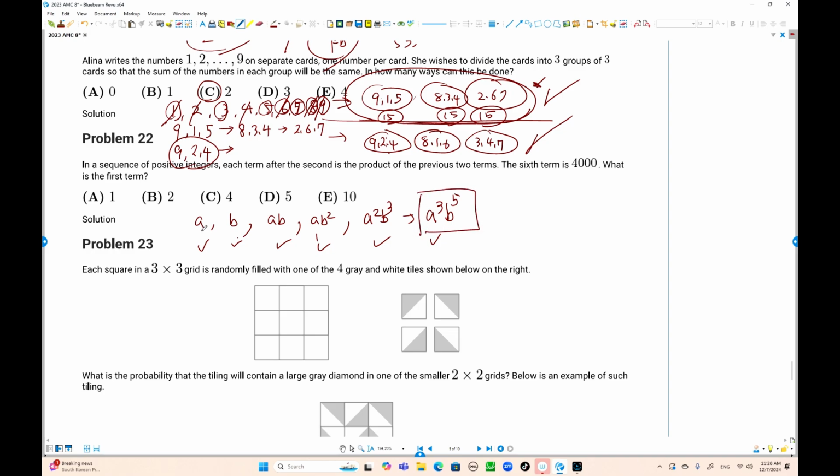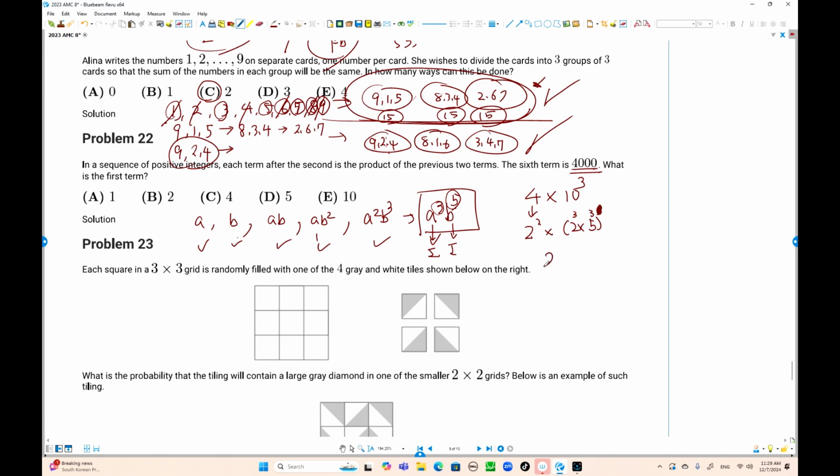But we know that A is an integer and B is an integer, right? So we're going to factorize this. We need these two expressions, 3 and 5. So 4,000 is 4 times 10 to the 3, right? 4 is 2 squared. 10 is 2 times 5, cubed, which is 2 cubed times 5 cubed.